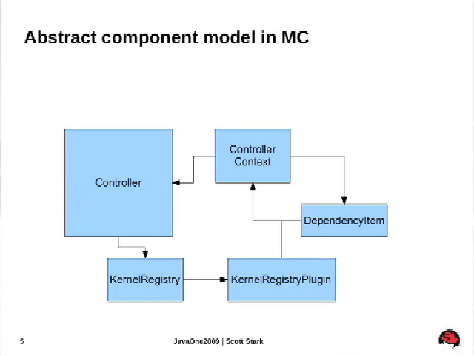So that could be an MC bean, that could be a JMX bean, etc. It has information about its dependencies, its state, aliases, etc. The dependency item itself is another extensible mechanism, because you can define your own dependencies. So we can have dependencies on obviously other components. You can have dependencies on JNDI bindings, pretty much anything you want.